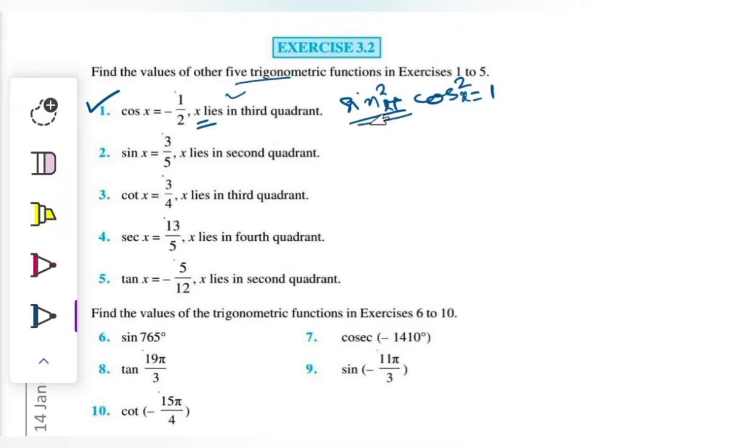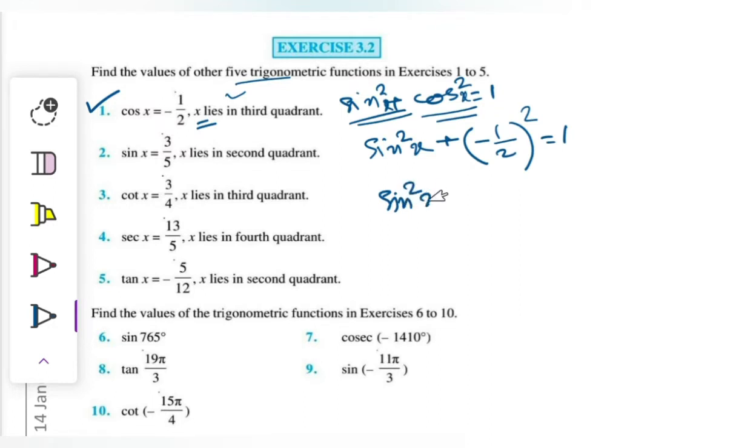Let's solve it. Sin square x plus cos square x, where cos square x means minus 1 by 2 square, equals 1. Sin square x equals 1 minus 1 by 4.